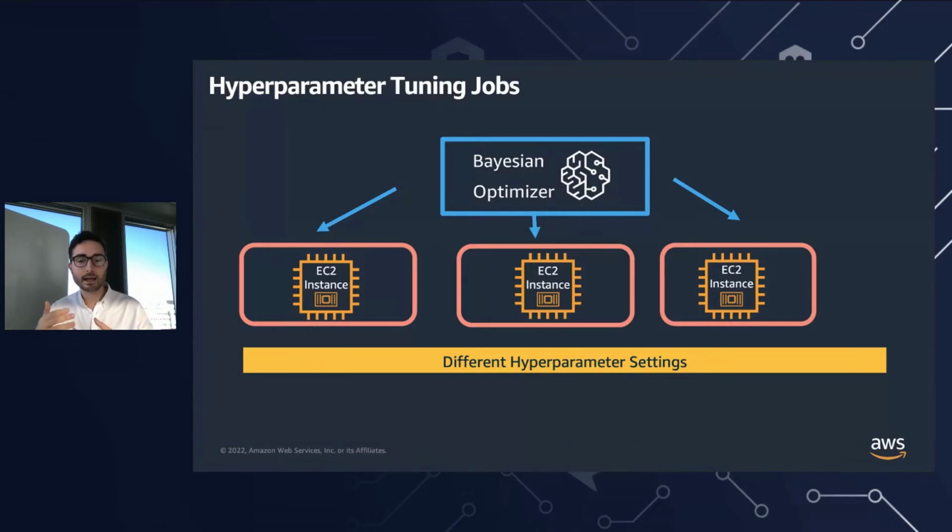Now, every time a different hyperparameter needs to be evaluated to see how well it performs, you need to train the model. So automatic model tuning will automatically do this for you on an EC2 instance. So it will launch many different training jobs on different EC2 instance clusters so as to evaluate how that hyperparameter configuration performs. Each EC2 instance will be a model trained with a different hyperparameter setting, and then it will return the best one for you.